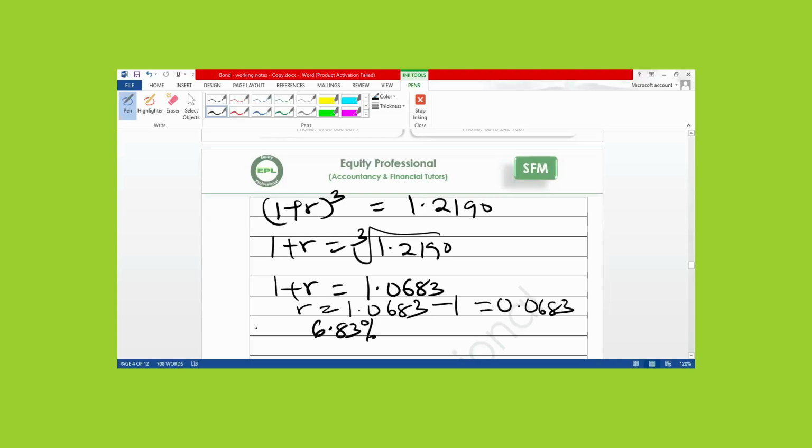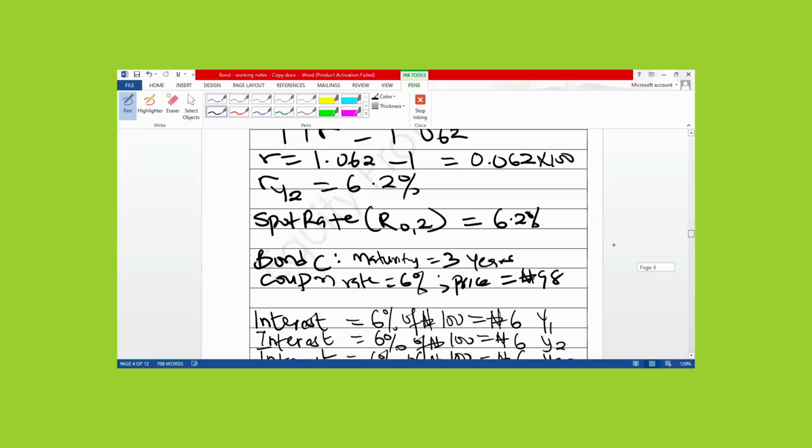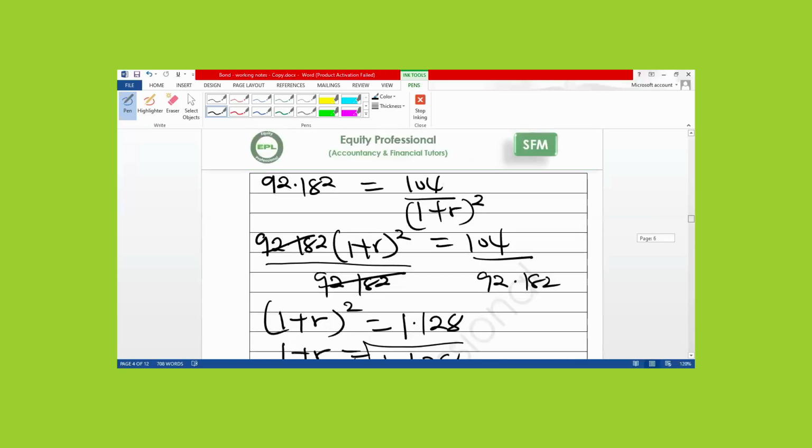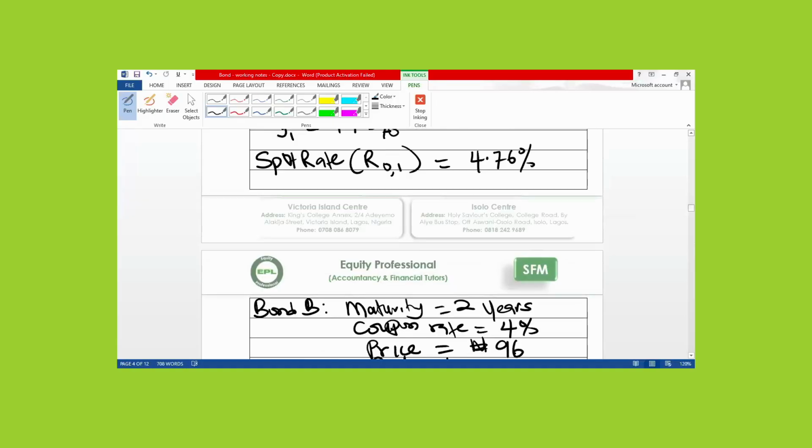That is the spot rate for year 3, RO3, derived at year 3. You have calculated spot rates for year 1, year 2, year 3. You can return to your first page. This process of calculation is called bootstrapping.